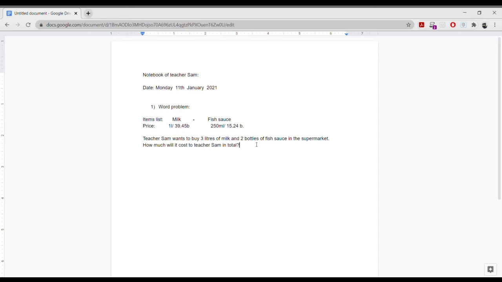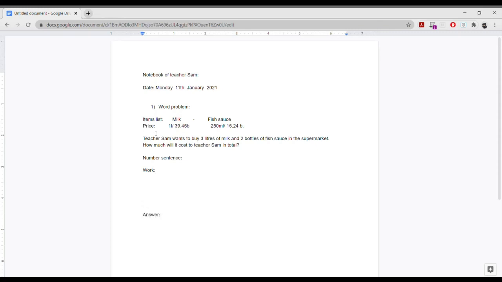So now I want you to develop this word problem. I want you to write first a number sentence, and then you can develop the work, and finally you have to write the answer.